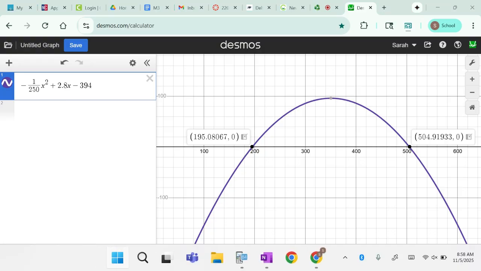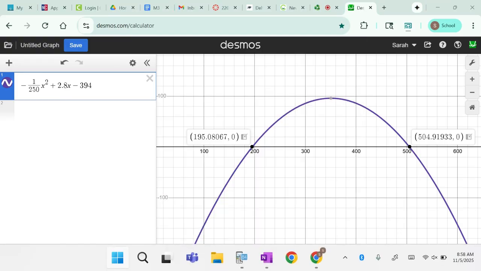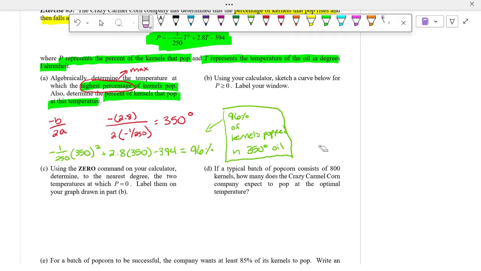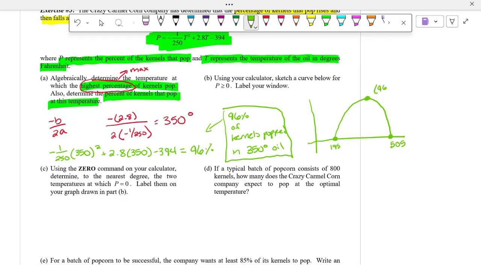So if we label this, we want it above the x-axis. This starts at about 195, goes up until we hit our max, and then comes back down at about 505. And our max was 96, at 350.